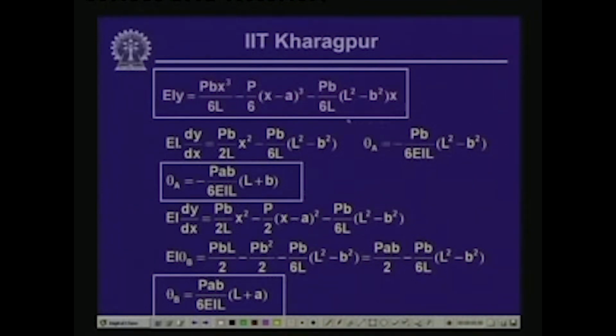This is the value of C2. This is for the second part, and for the other part we substitute the value of C1 and we get the expression for EIy.